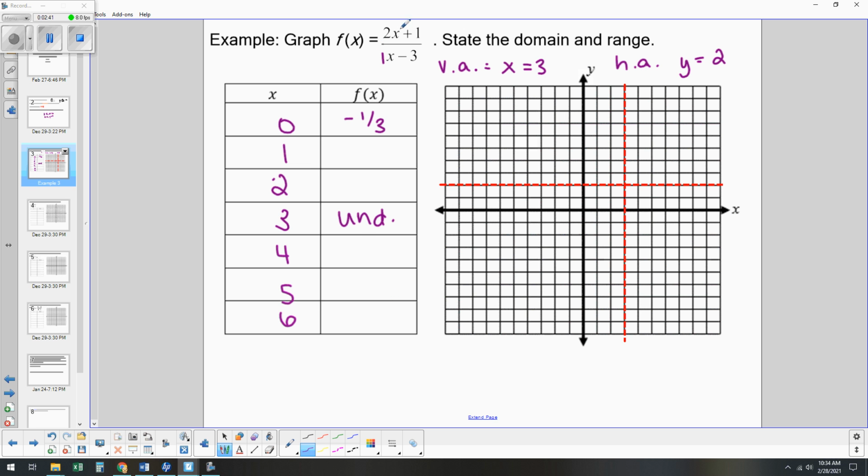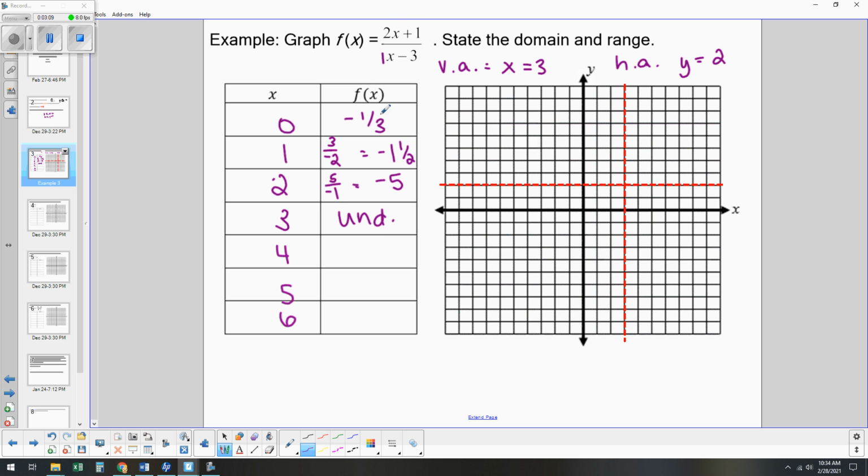If I plug in 1, 2 plus 1 is 3. 1 minus 3 is negative 2. So that ends up being negative 1.5. 4 plus 1 is 5. 2 minus 3 is negative 1. So that's negative 5. Now let's try 4.